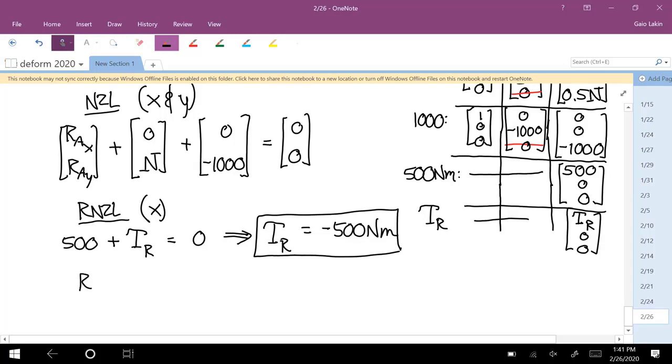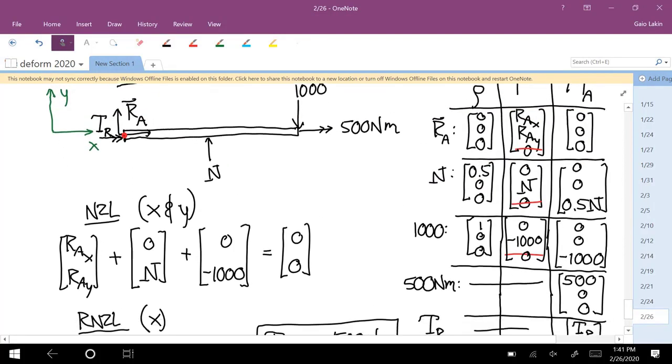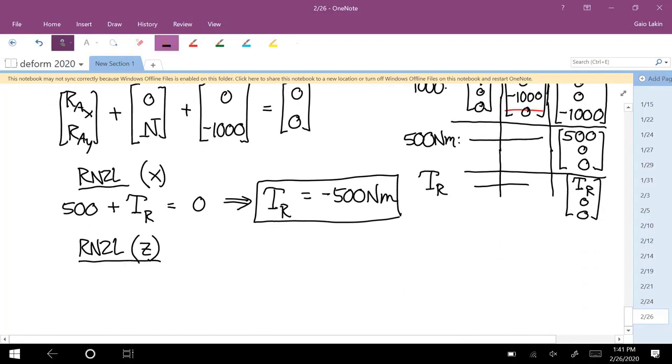And then the moment equation in the z direction says 0.5 n minus 1,000 is equal to 0. And so n has to be equal to positive 2,000.